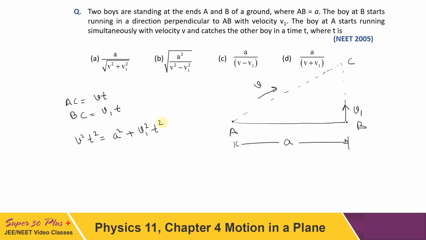And on solving, t squared taken common, V squared minus V1 squared is equal to a squared. From here this t comes out as a squared upon V squared minus V1 squared, and its root, which is our option number B. So this is the correct option.